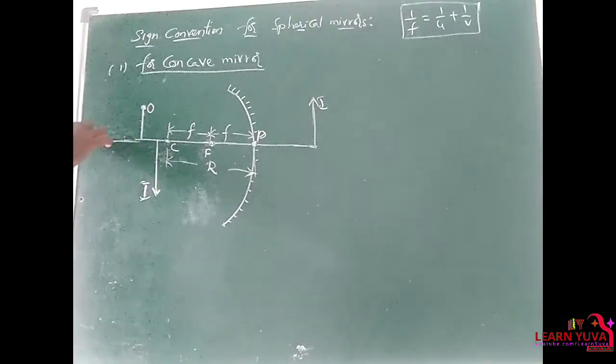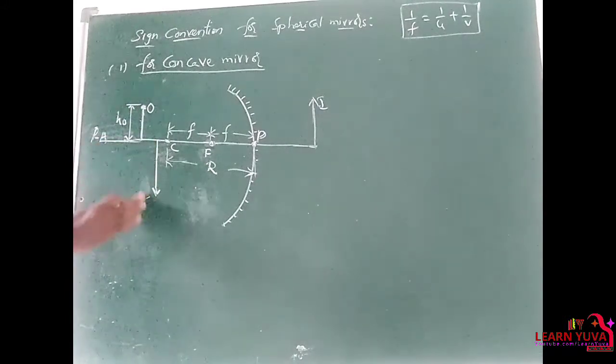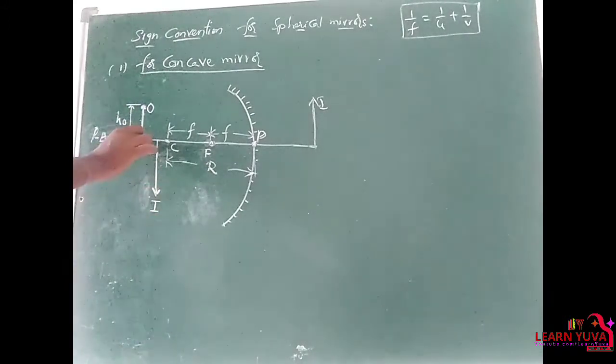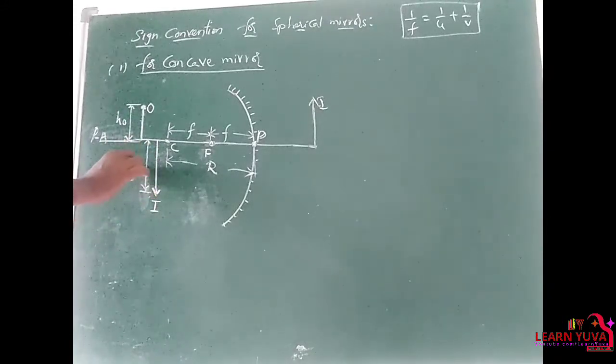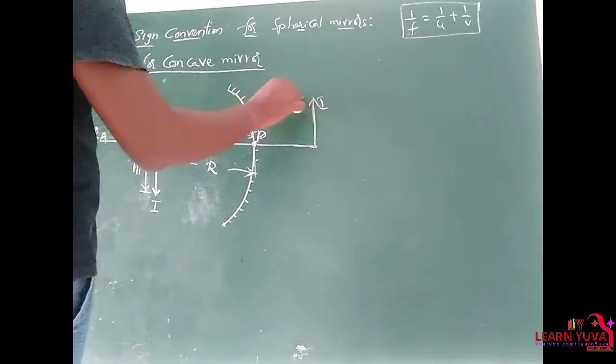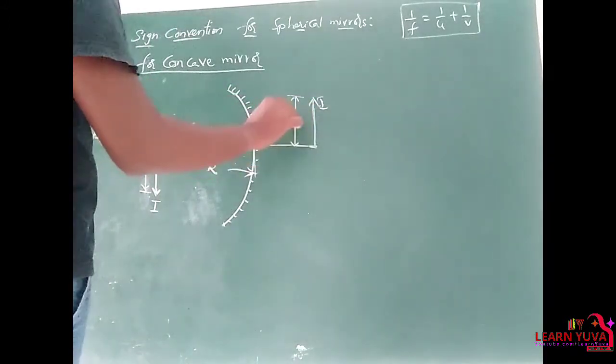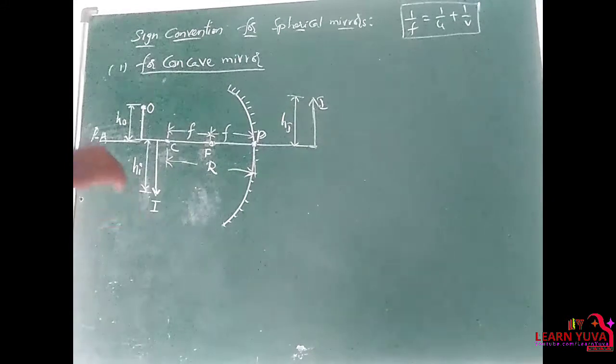And also, from this point to this point it is known as height of object, and this is height of image.